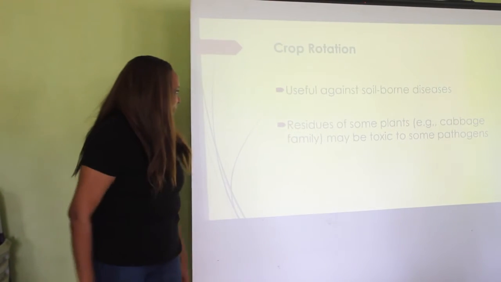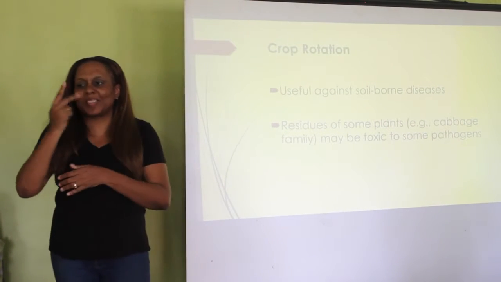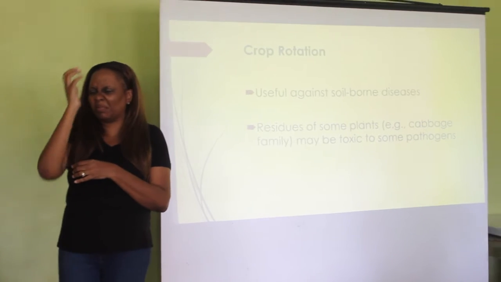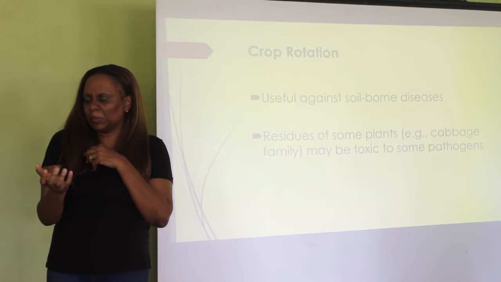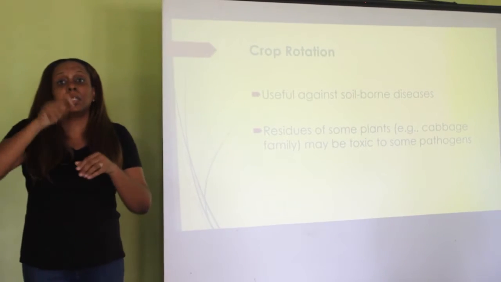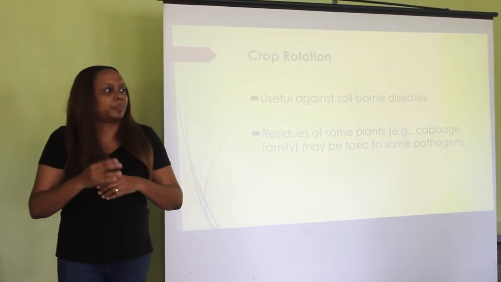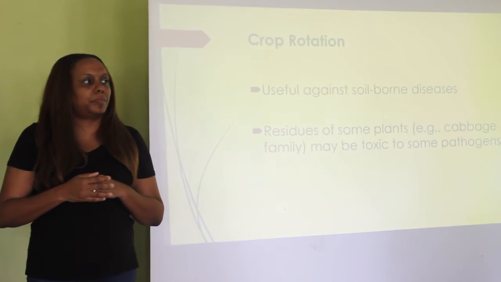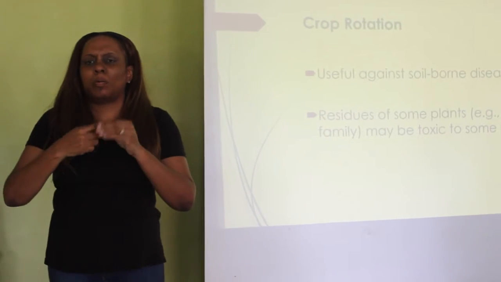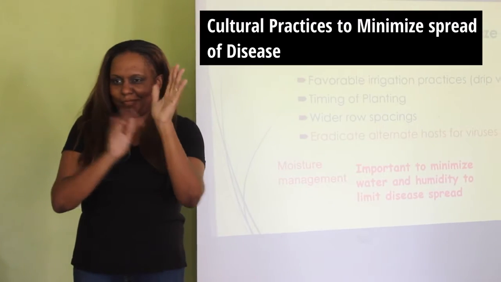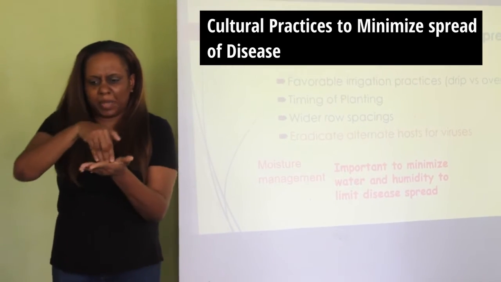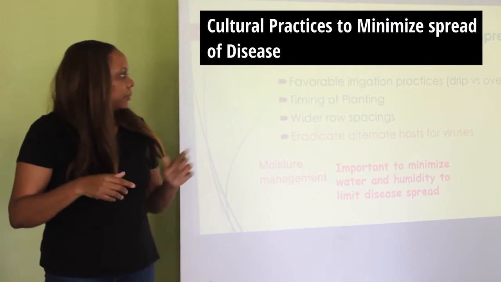So that is why sometimes people use crops such as mint and lavender between the plants to help control some of these pathogens. So I think we dealt with that cultural practice to minimize the spread of disease.